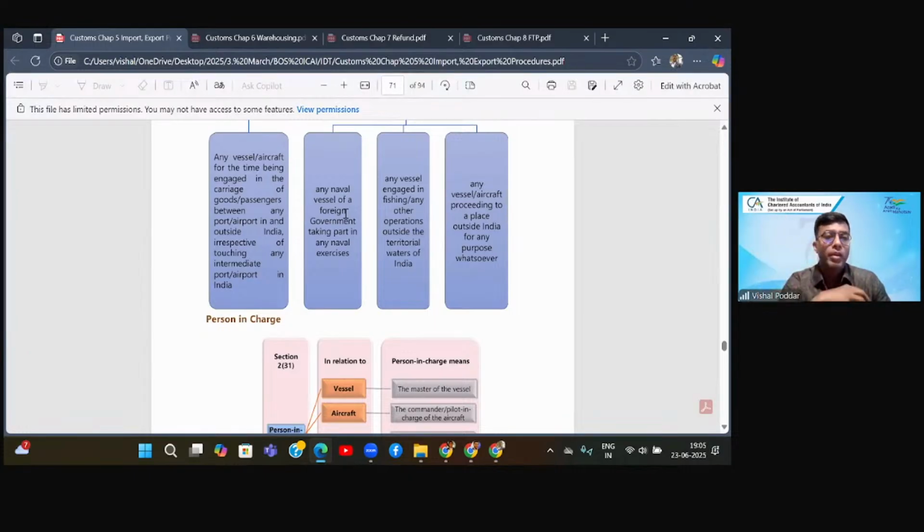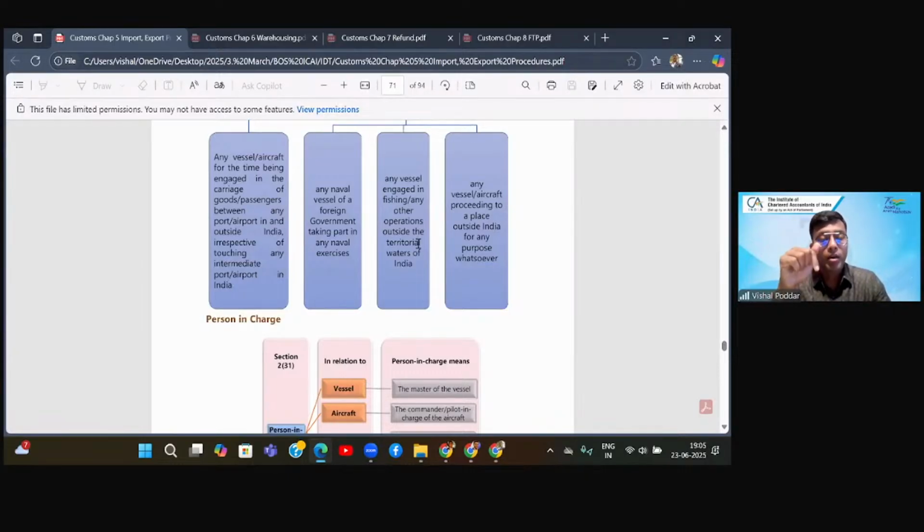Now it may happen in either our seas or their seas. So even the naval vessels of a foreign country are covered in this definition of foreign going vessel. Next, any vessel engaged in fishing and other operations outside territorial waters of India, these are generally the ships or vessels of another country.